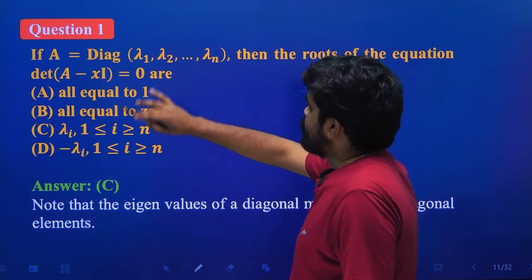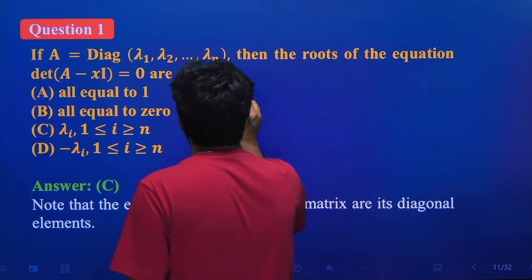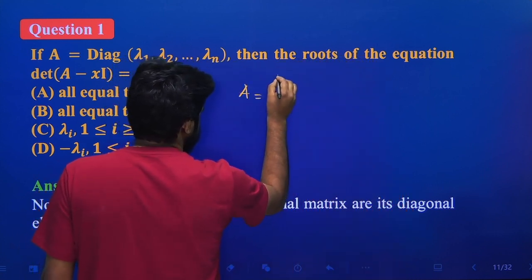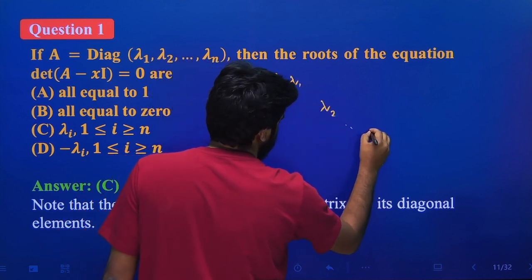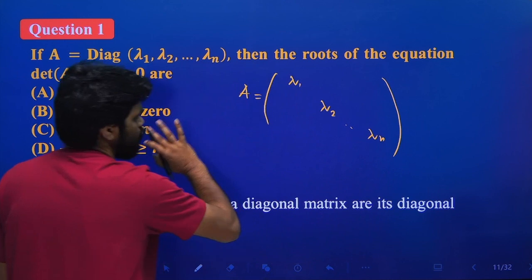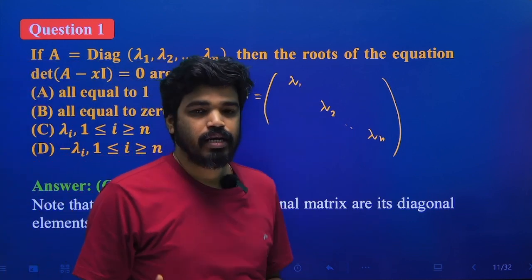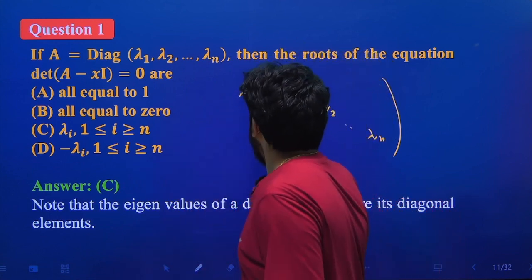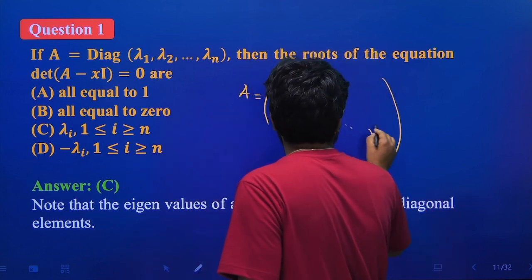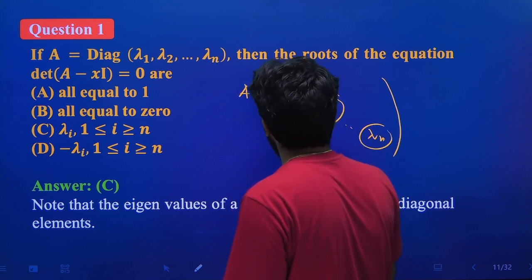if A is equal to diagonal of lambda 1, lambda 2, ..., lambda n, what does it mean? It means that A is like this, lambda 1, lambda 2, dot dot, lambda n, that is, A is a diagonal matrix. What do we know about a diagonal matrix? We know that the eigenvalues of a diagonal matrix are its diagonal elements. That means lambda 1, lambda 2, lambda n are the eigenvalues, right?